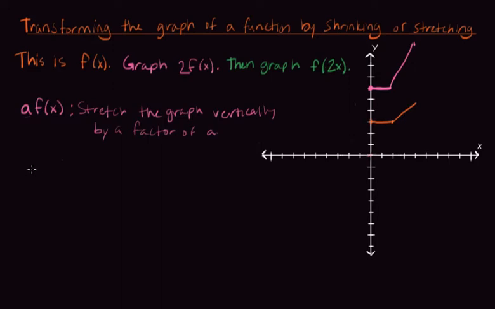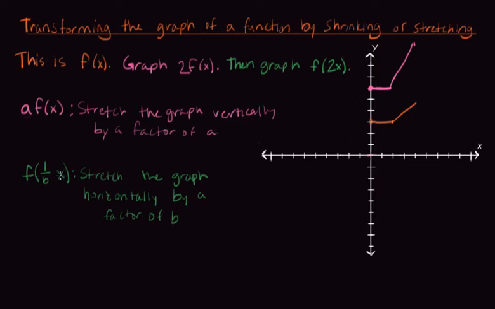So f of 1 over b times x stretches the graph horizontally by a factor of b. So again, in a horizontal instance, everything is going to work backwards of how you would think it would work.